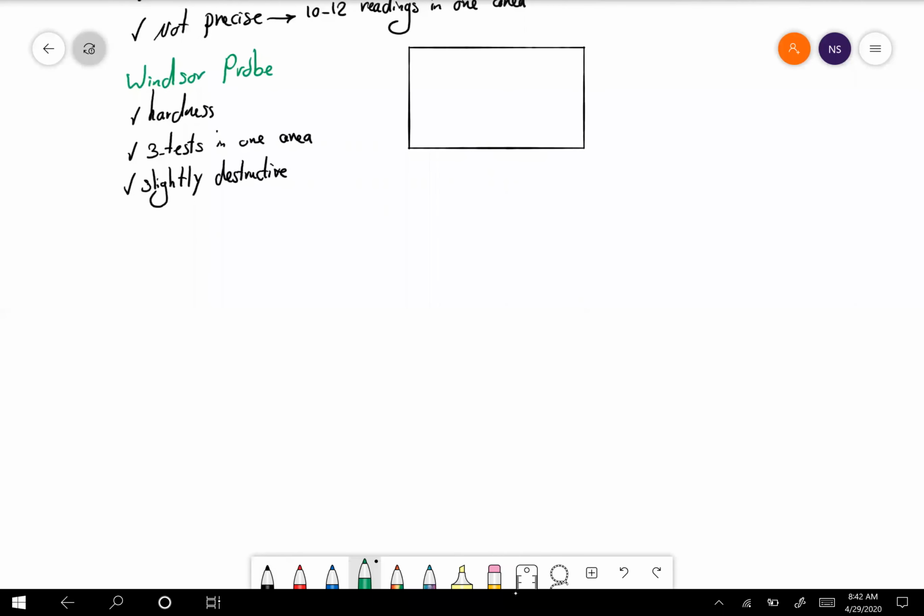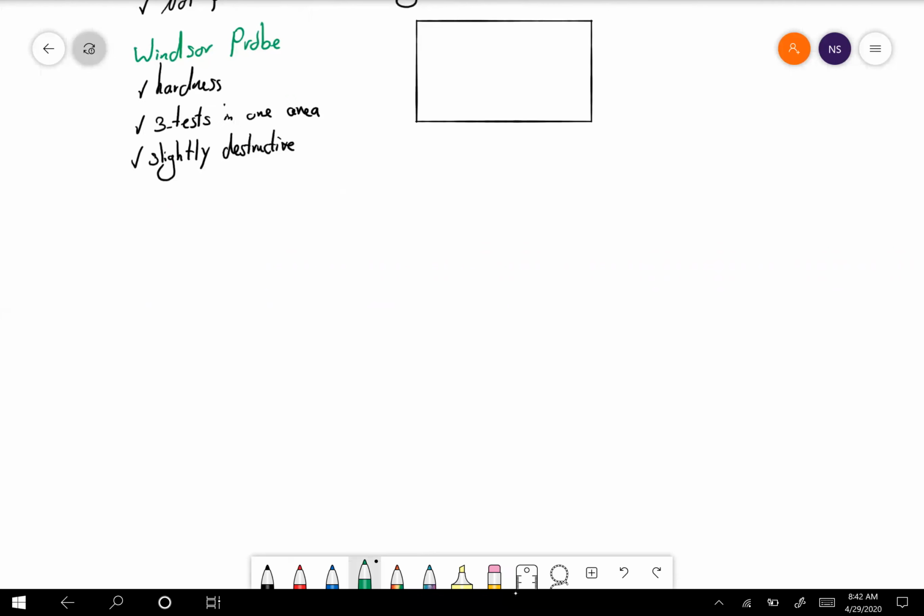The next one is a very popular and very well known non-destructive test method that's called the ultrasonic pulse velocity test, or UPV.